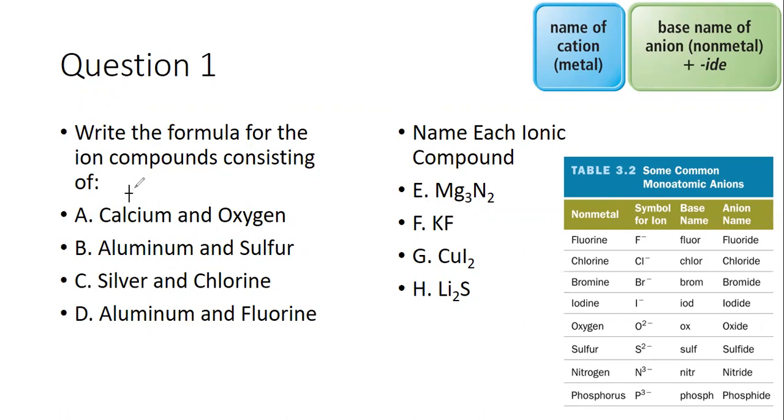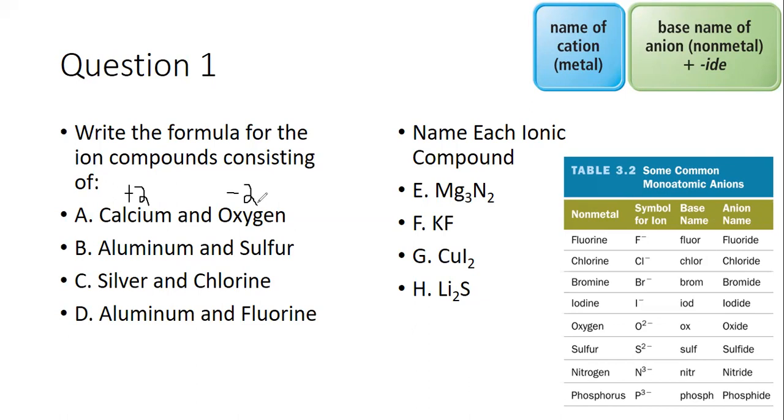So calcium +2. Oxygen is in row 6A, element 8. And oxygen, when it's in a compound, 99% of the time forms a -2 ion.